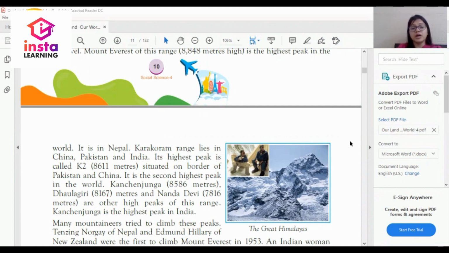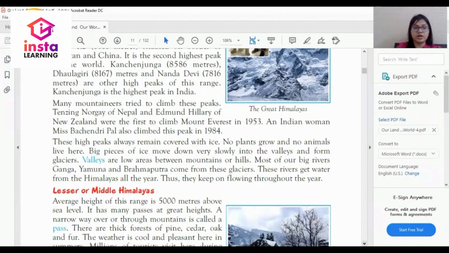And Dhaulagiri, Nanda Devi, Kanchenjunga are other high peaks of this range. Which range? The Great Himalayas. Yes, student, Kanchenjunga is the highest peak in India. India में कौन सी highest peak है? Kanchenjunga.